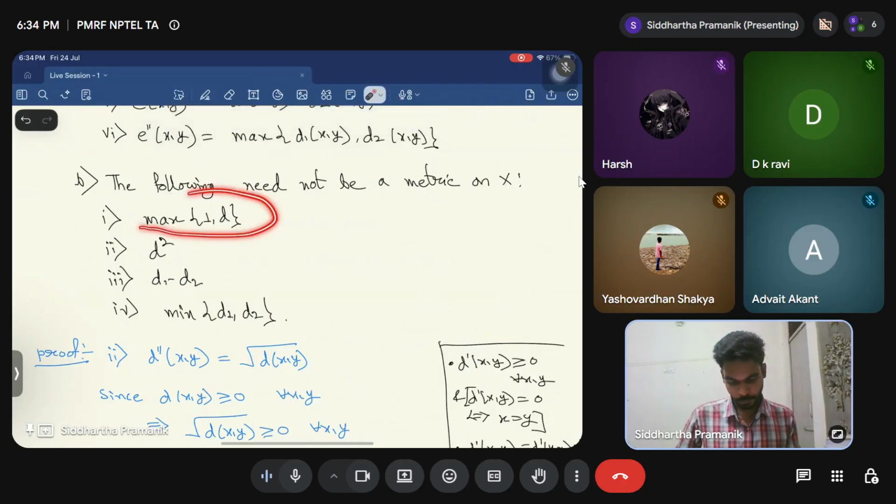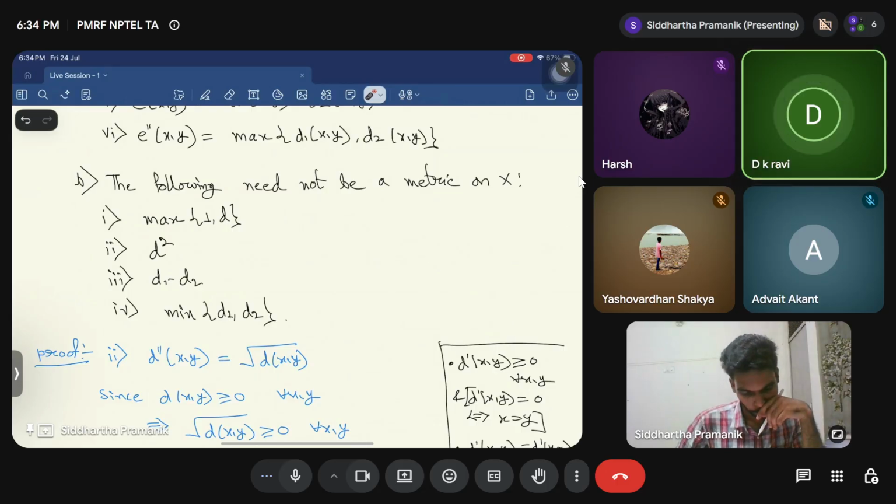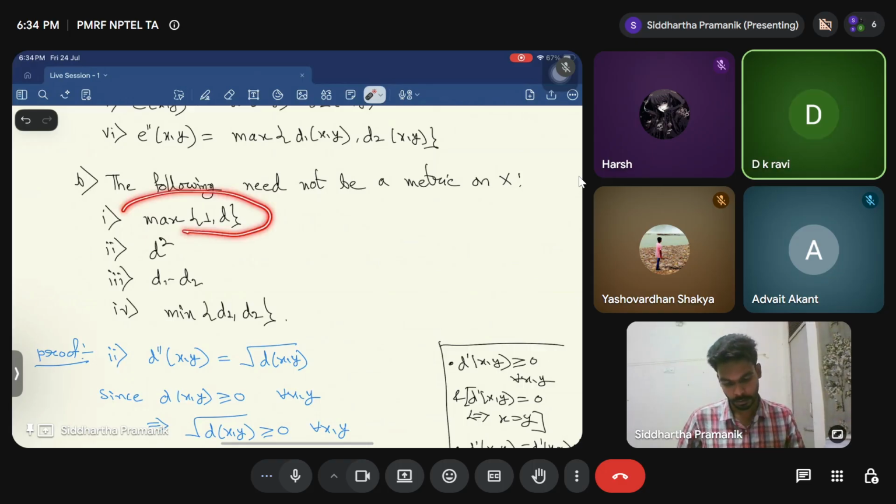So maximum of 1 comma d is not a metric. So you are checking which axiom will fail. So any idea? Just simply, sir, I'm going to take a metric d, x equal to y, d of 0. Here it will not hold, I think.